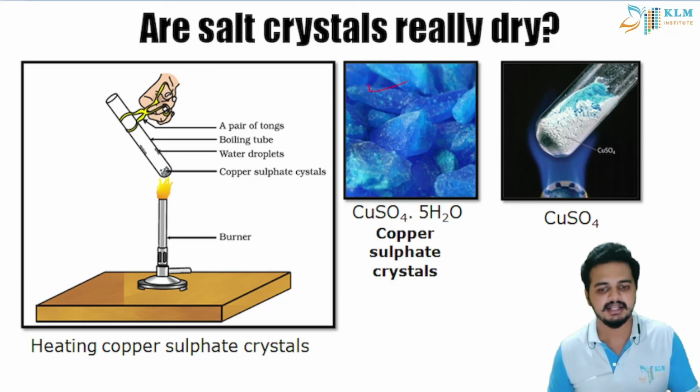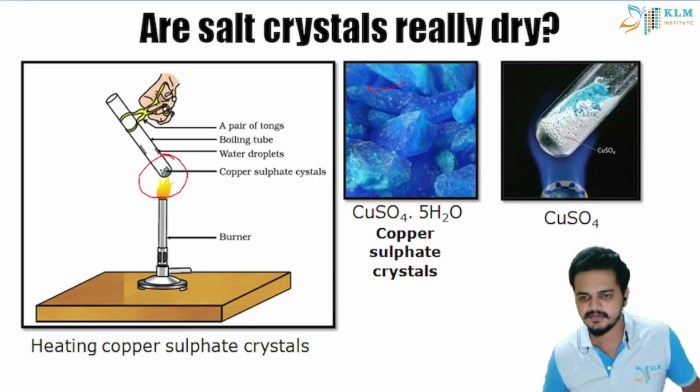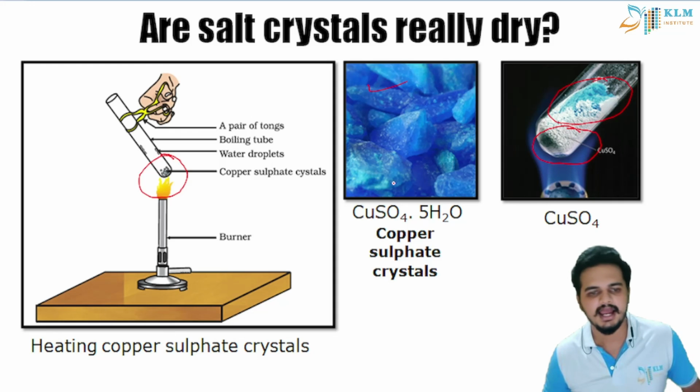But if you take copper sulfate crystals, which are also a salt, by the way, a hydrated salt, in a test tube and heat them, you can see in the picture on the right side that it changes its color to white. The blue color totally disappears. And also you can see water droplets on the test tube.